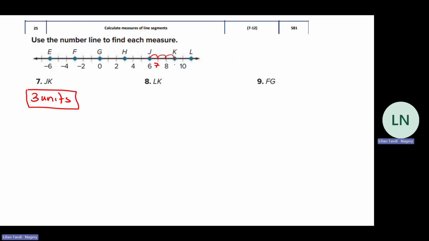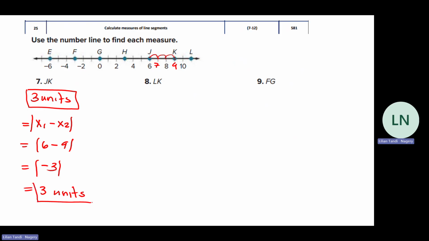This is 7, this is 9. So the formula is absolute value of x1 minus x2. 6 minus 9 is negative 3, so 3 units. Remember, absolute value cannot be negative. Distance cannot be negative.